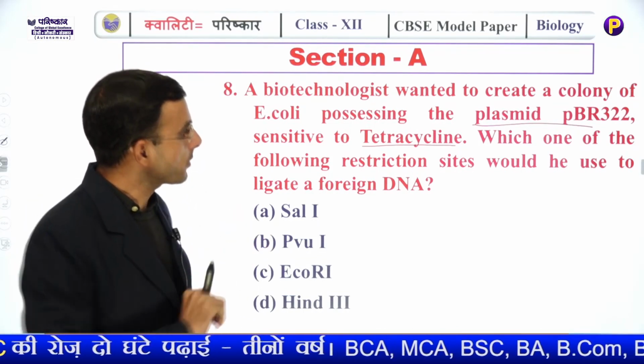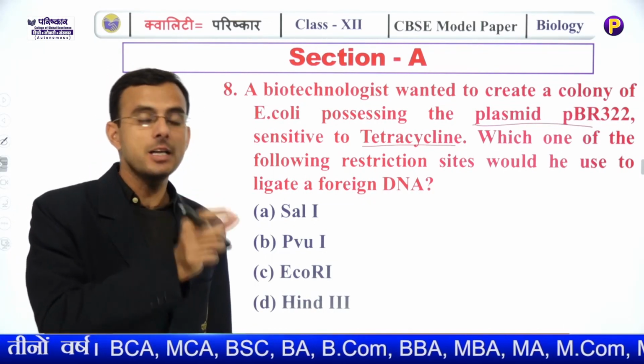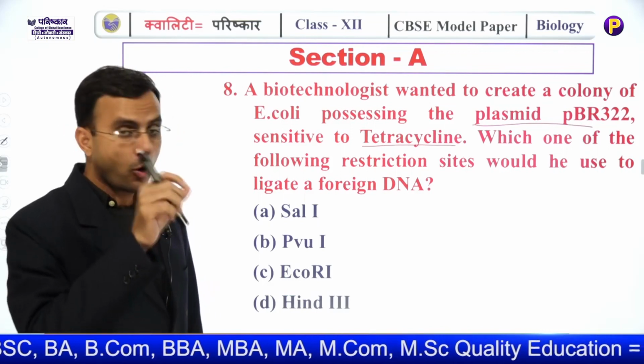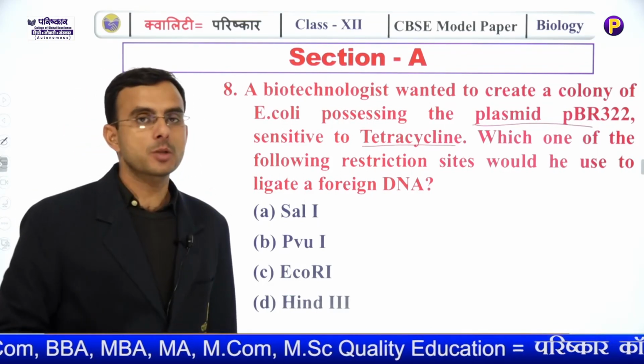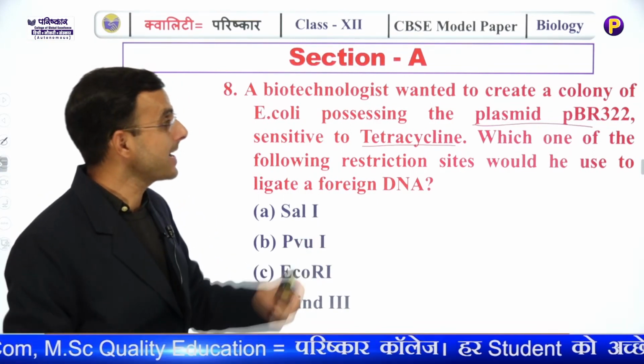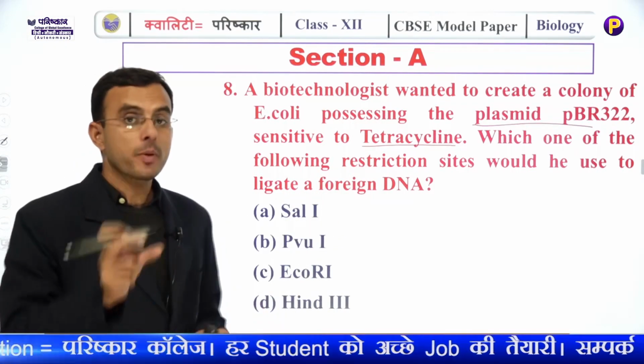Now, if they provide resistance to antibiotics, then these sequences have a specific place on which restriction enzymes work, and we are able to utilize that restriction enzyme to cut the DNA and incorporate our gene.